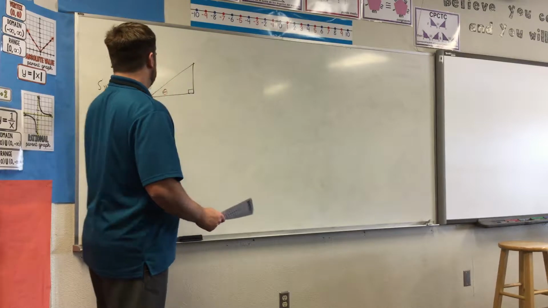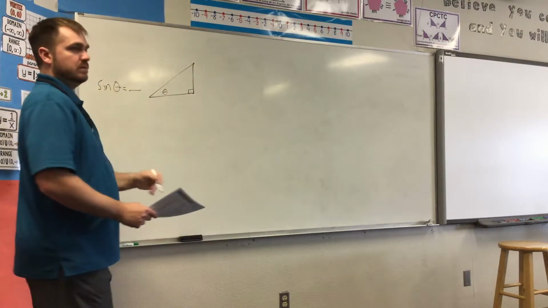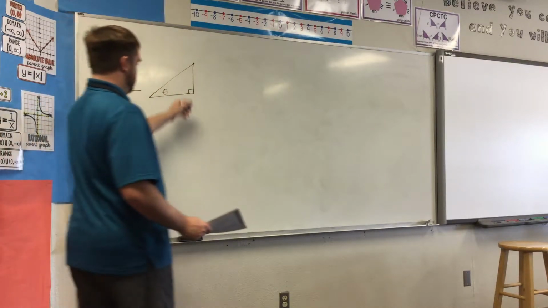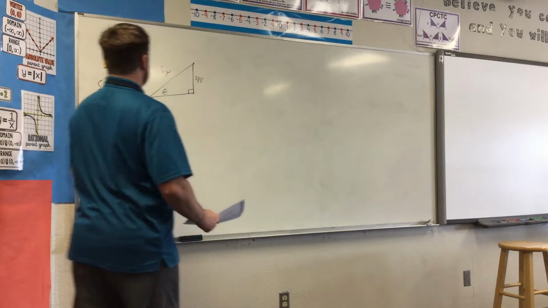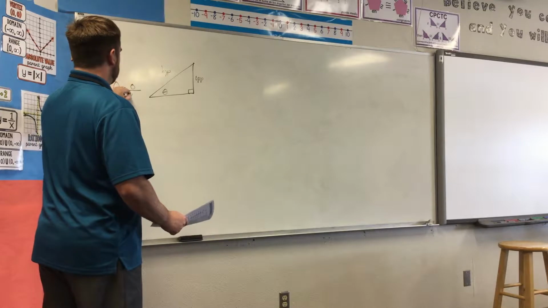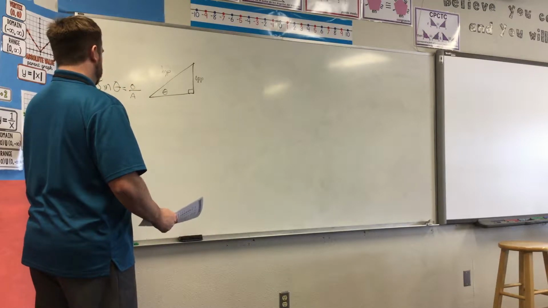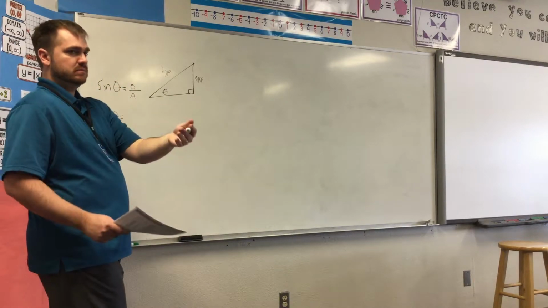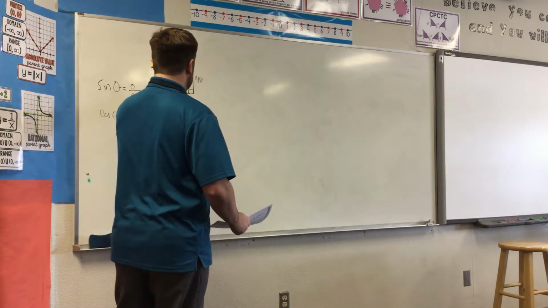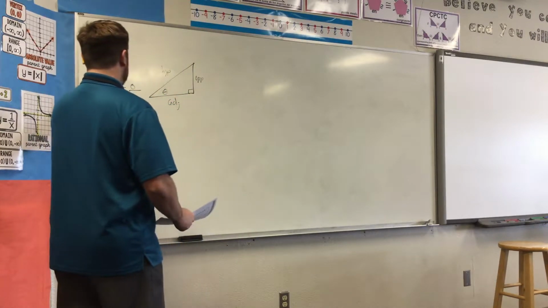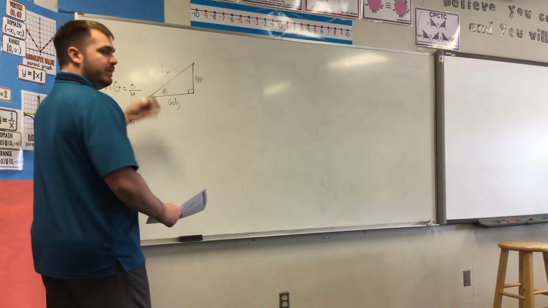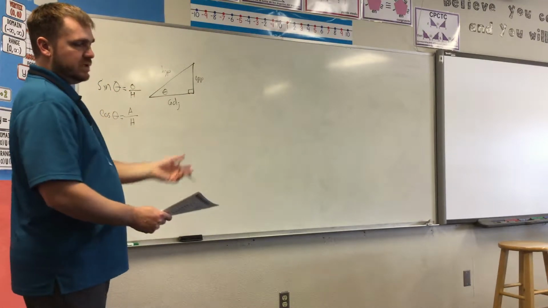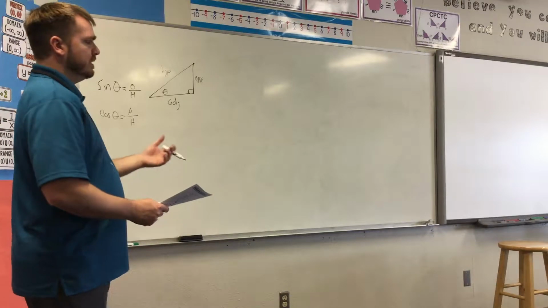You think of what over what? Opposite over hypotenuse. Cosine of theta, you're thinking adjacent over hypotenuse. And we could go on down the list: tangent, secant, cosecant, and so forth.